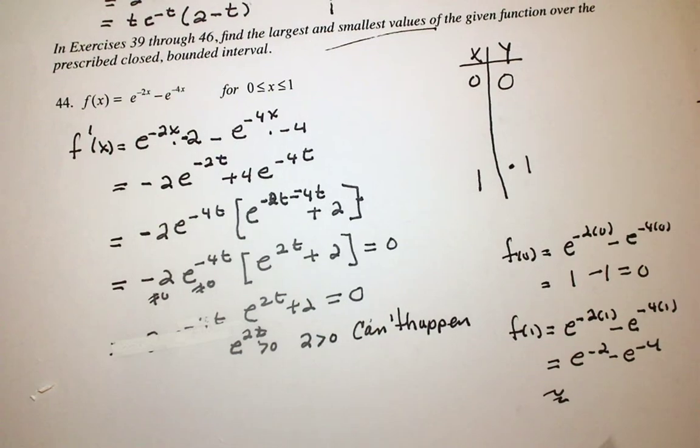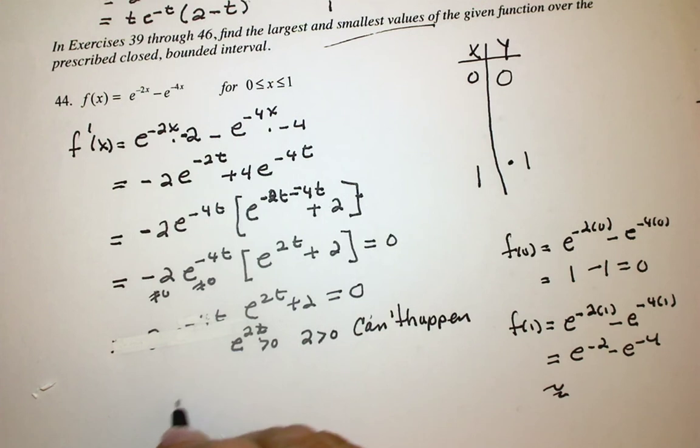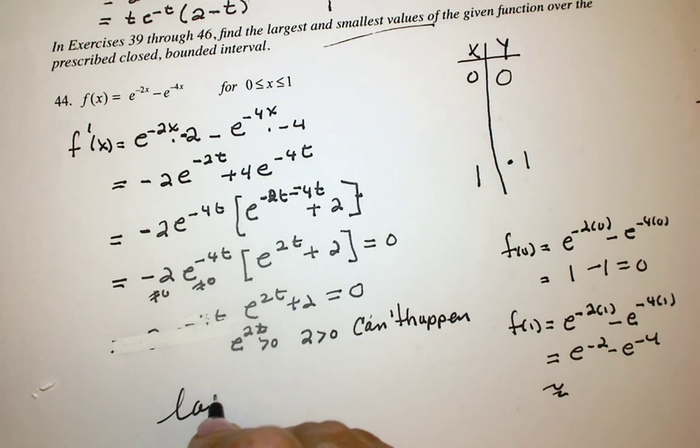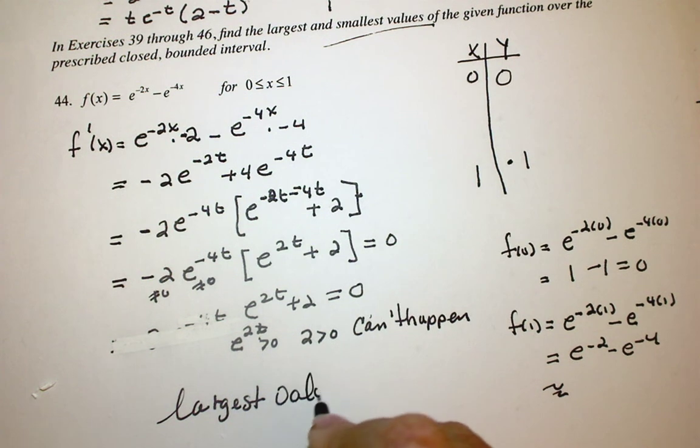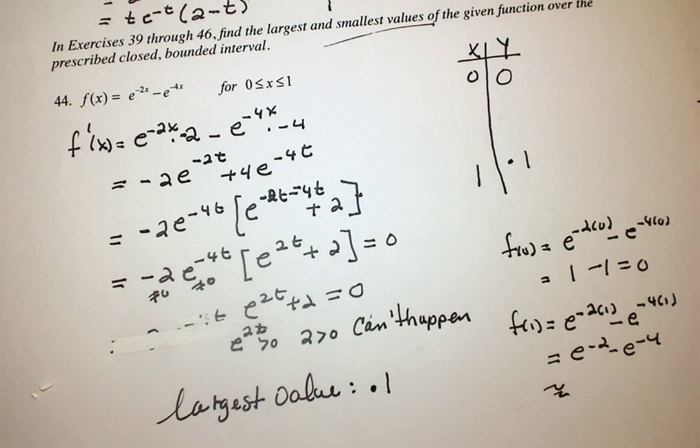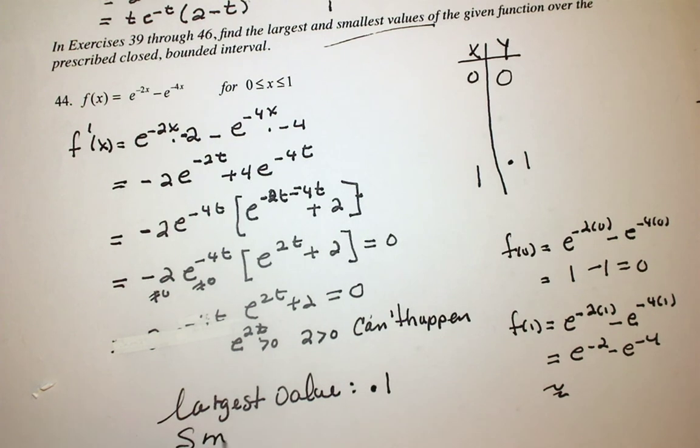Largest and smallest values. So the largest value is 0.1. The smallest value is 0.